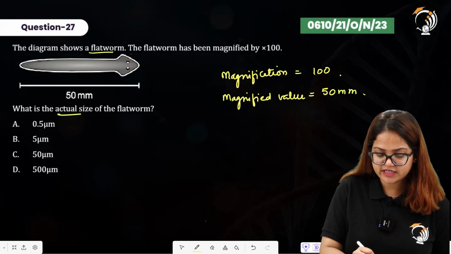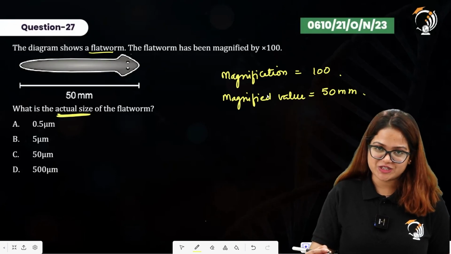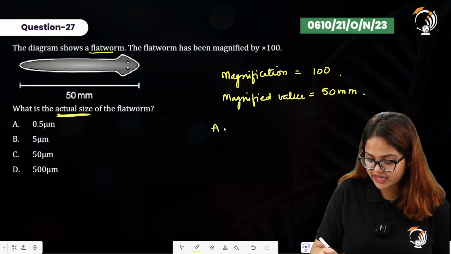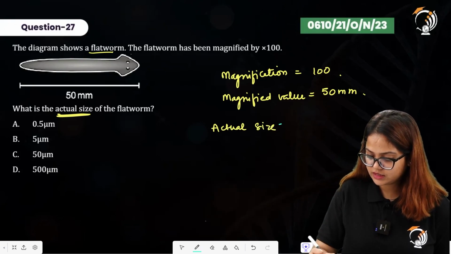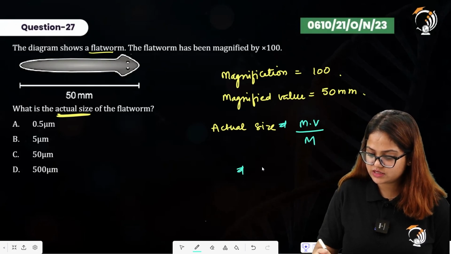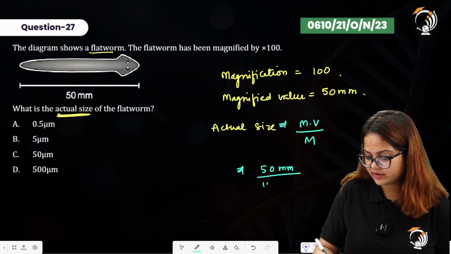You have to calculate the actual size of the flatworm, and I hope you can solve these kind of questions very well. Alright, be precise with your calculations. So actual size, magnified value by magnification, this is 50 millimeter divided by 100.